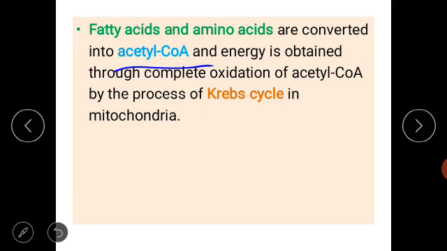What we have learned here is that if carbohydrates are not sufficiently available, or the stored carbohydrate in the form of glycogen is exhausted due to fasting, then body metabolism shifts to the digestion of fats and protein for the production of energy.